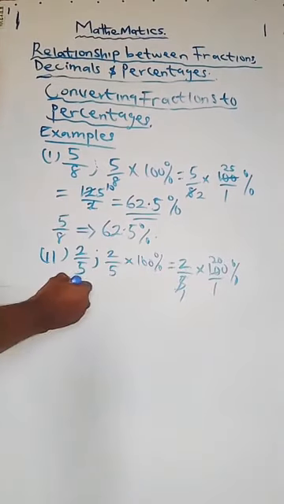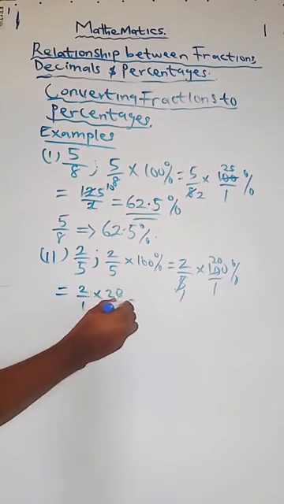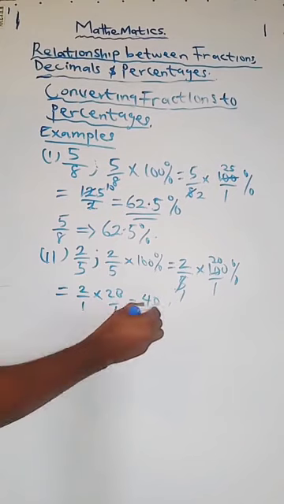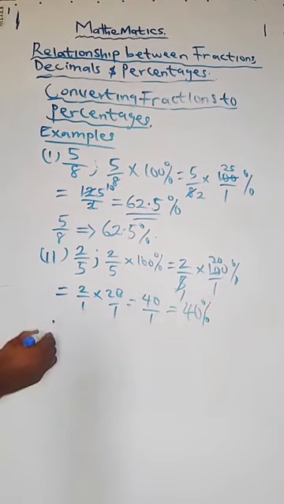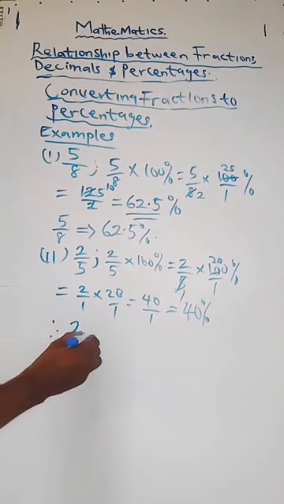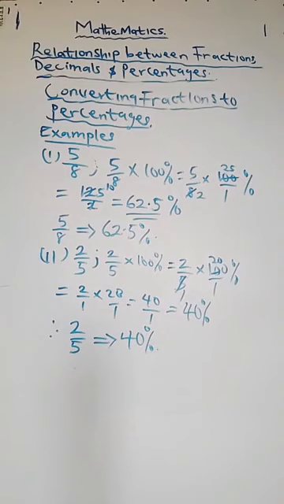So what do we have left? We have 2/1 times 20/1. So this is 2 times 20, 40. 1 times 1, 1. So this is 40%. So therefore, 2/5 is the same thing as 40%. When you are converting from fraction to percentage, remember that you are going to multiply the fraction by 100%.